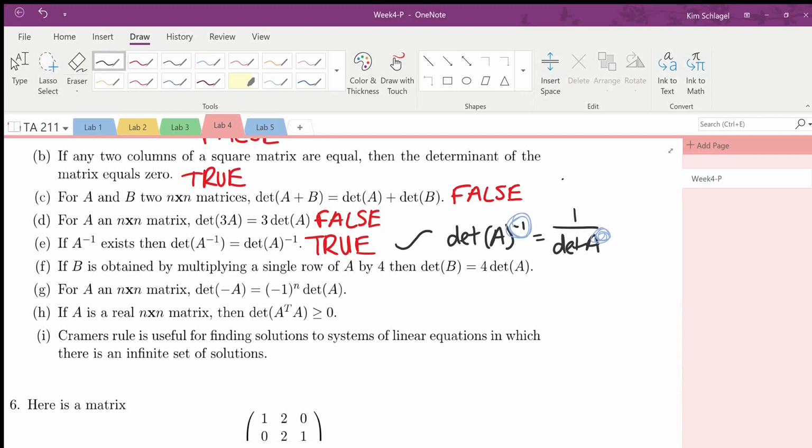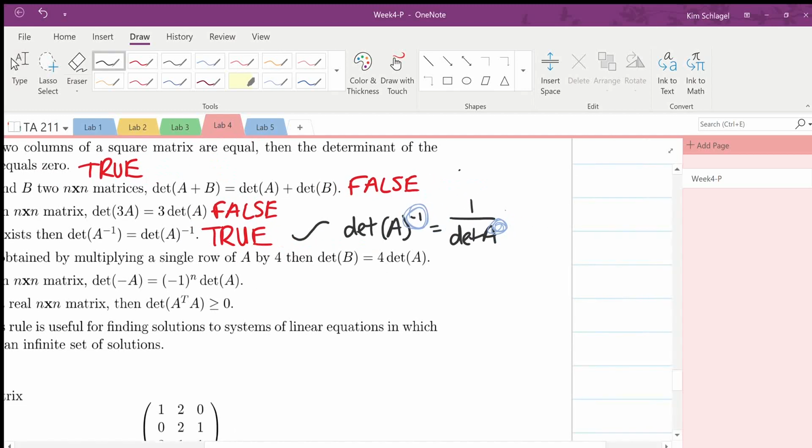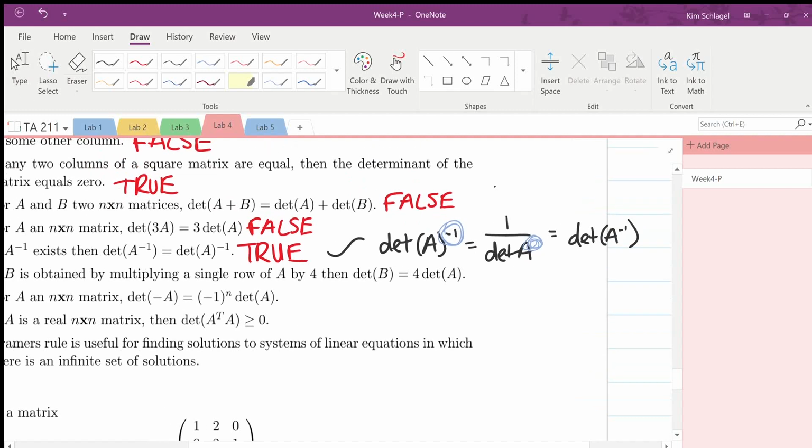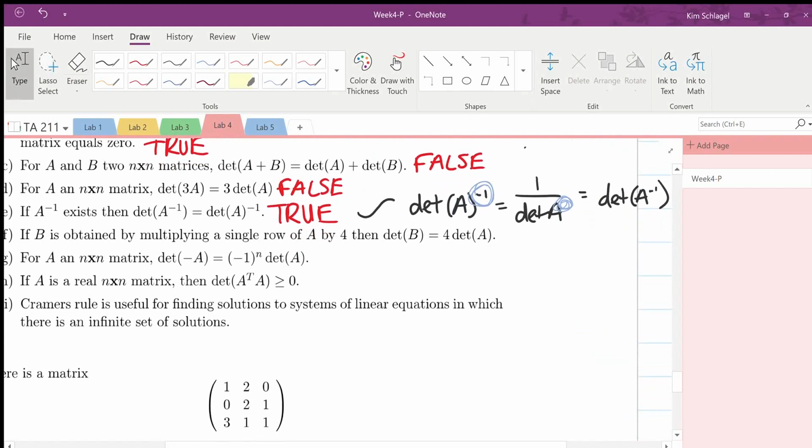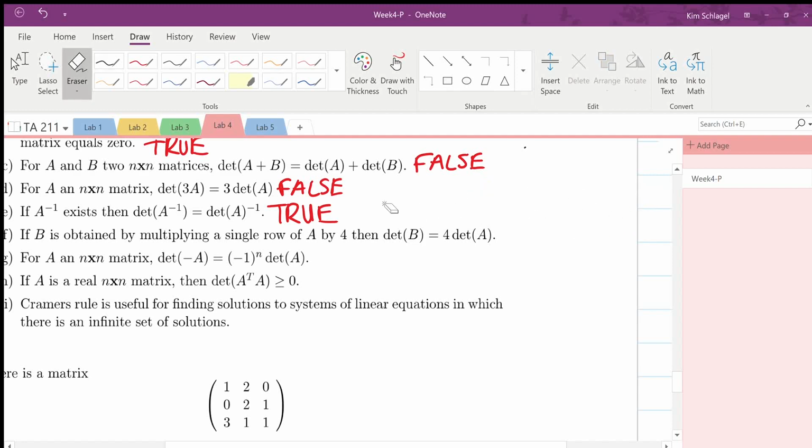So this here is equal to the inverse of the determinant of A, right? So this one is just something we've already been given. They're just trying to make sure we remember how to actually do it. So yes, this is true. The determinant of A inverse, so the inverse of the determinant of A, is equal to the determinant of A inverse. So this one is true. Okay.